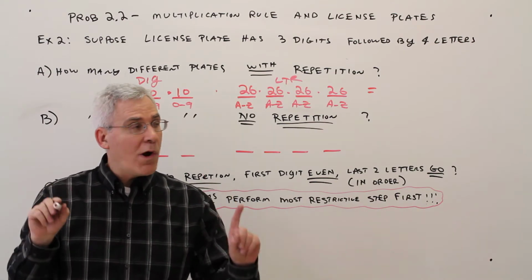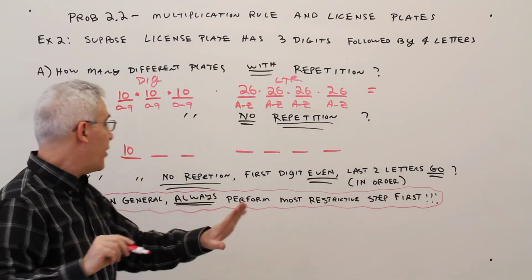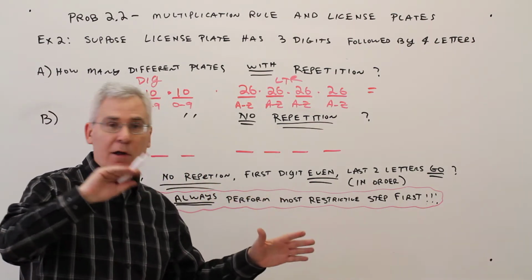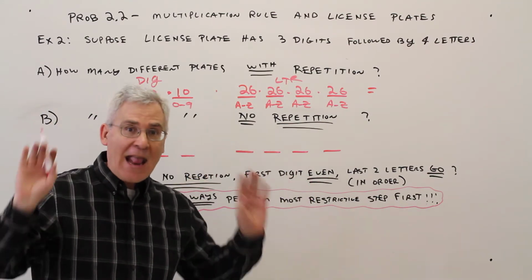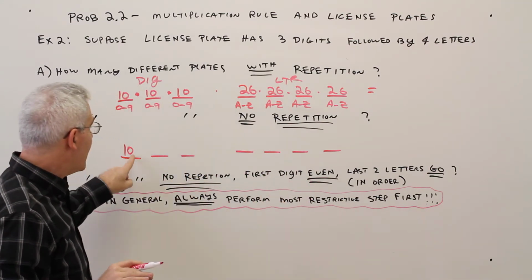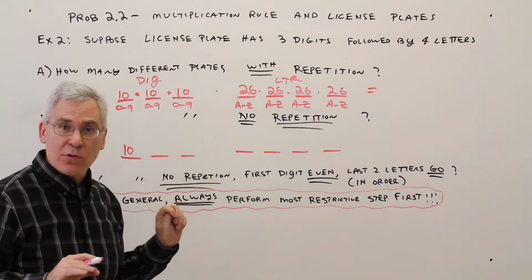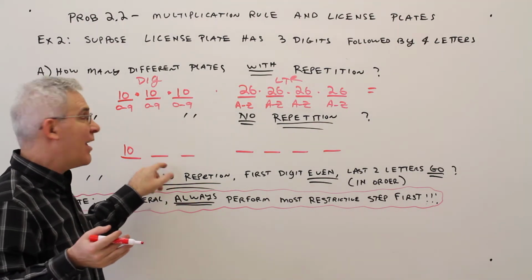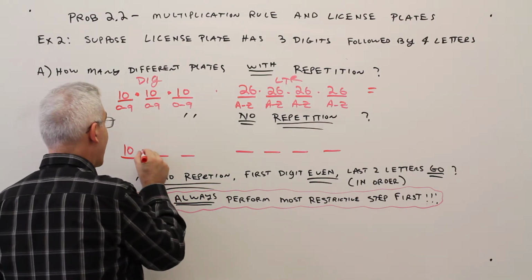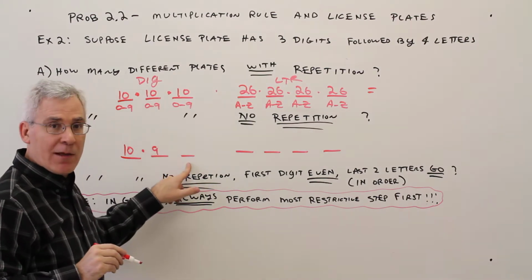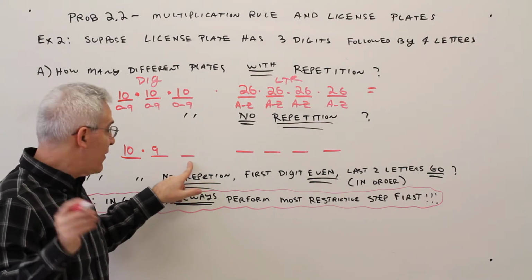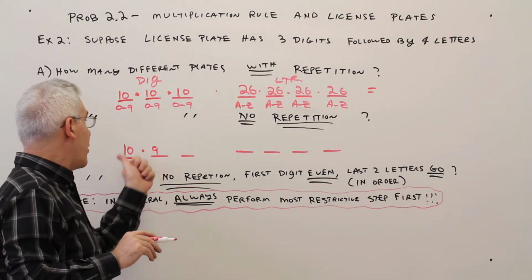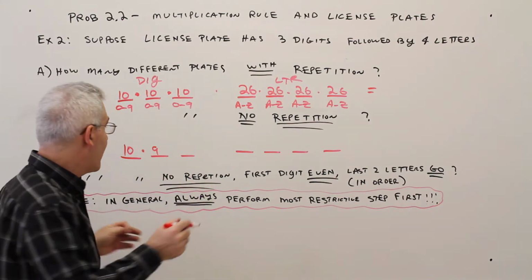However, once I pick a digit, I don't care what digit it is, 1 or 0 or 3, I can't use it again. So whatever digit I chose there, do not choose again. So over here, I could be any 10 digits except for that one, which makes 9. Same thing applies here. Be any of the 10 digits, just don't be that one or that one, which results in just 8.